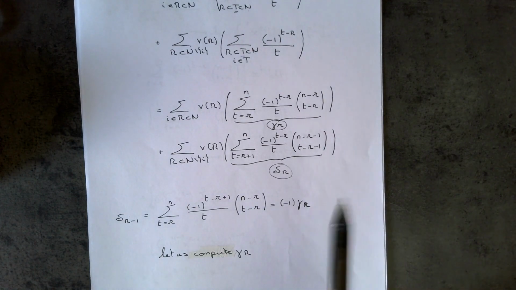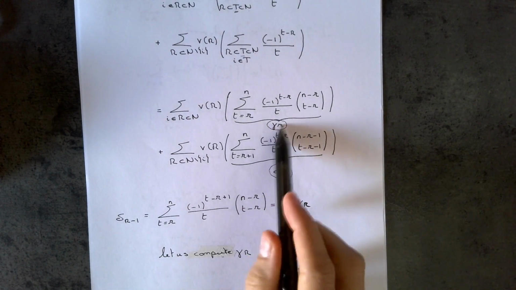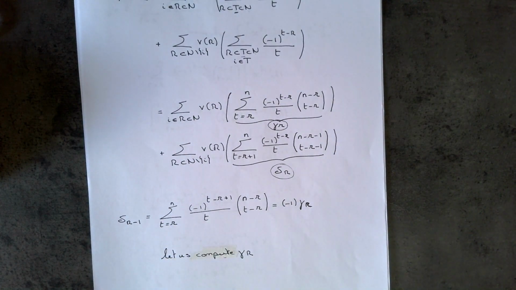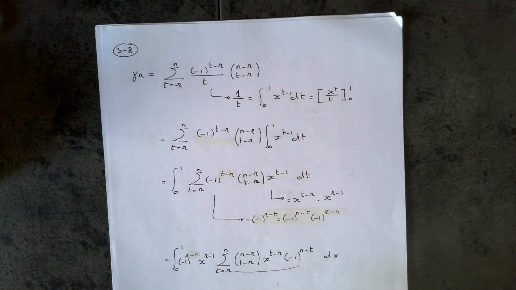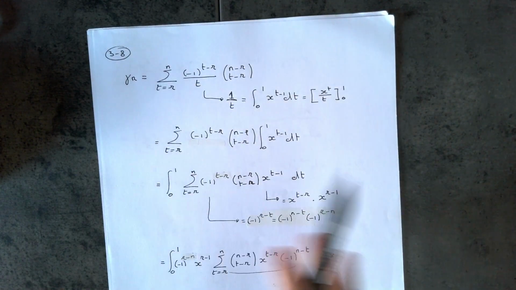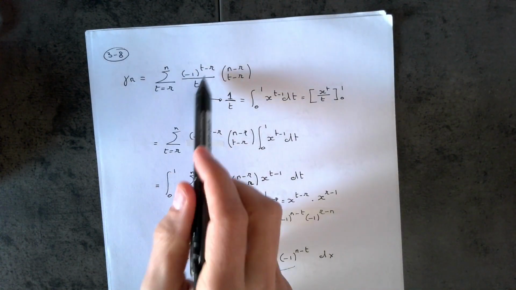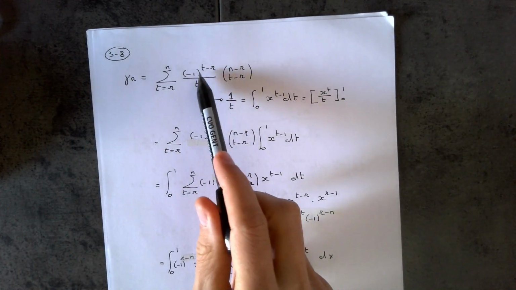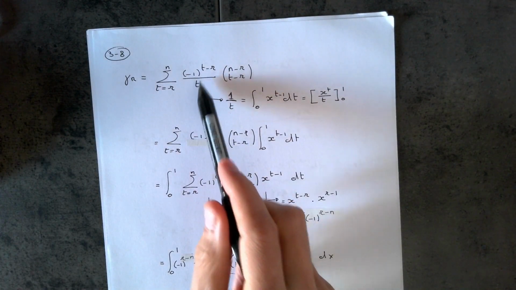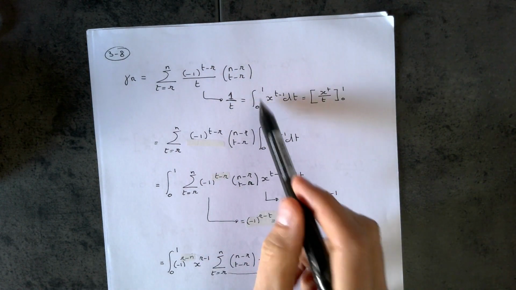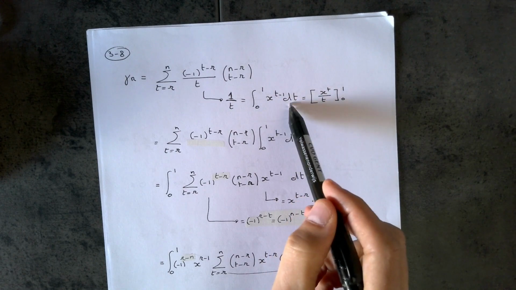So what we're going to do is determine this gamma R here, and then I'm also going to have the values of delta. Here I just copied the value of gamma R, which is a sum from t equals r to n of this expression. And the first thing I'm going to do is rewrite the coefficient 1 divided by t as the integral from 0 to 1 of x to the power t minus 1 dx.